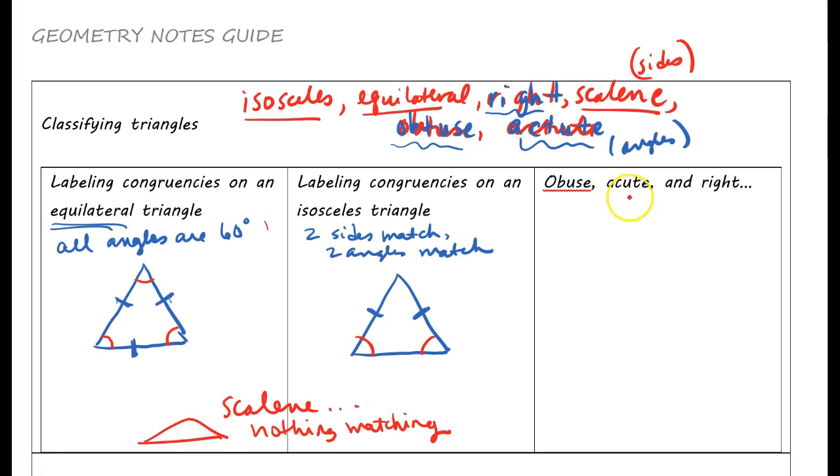So what about obtuse, acute, and right? Well, I'm going to start with right because you actually did that last week. Now, if it is a right triangle, you will see the little box drawn in the corner over here. And you even learned last week how to verify a right triangle because you have to make sure that a squared plus b squared equals c squared.